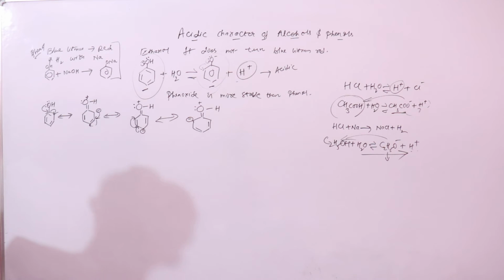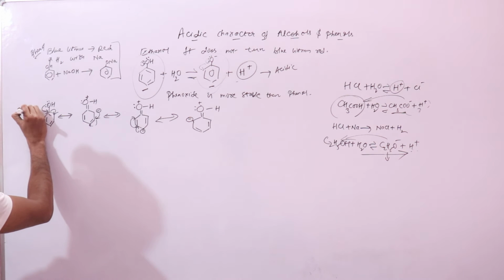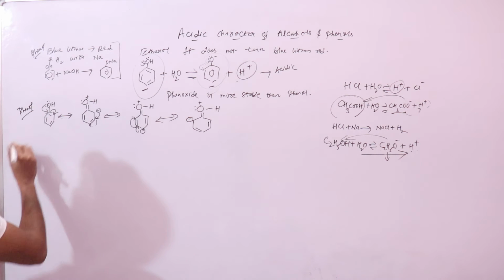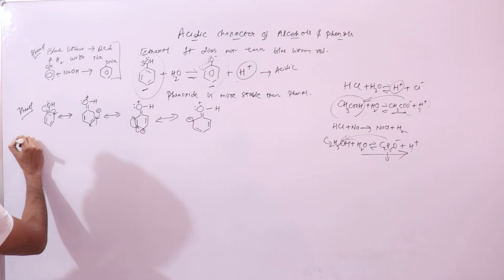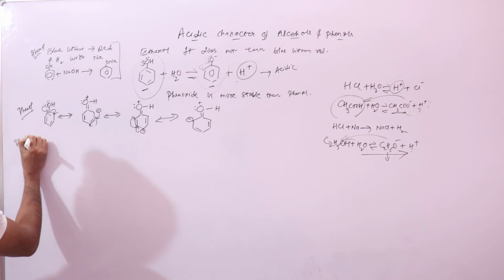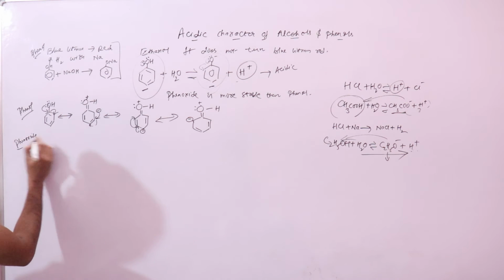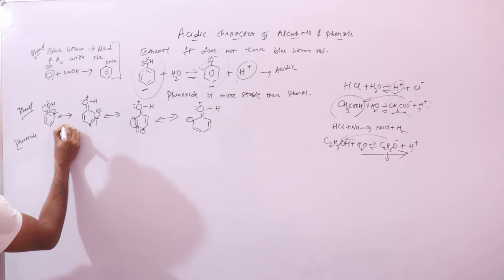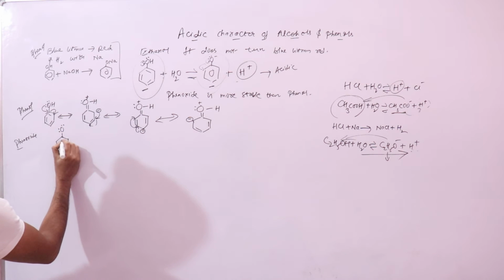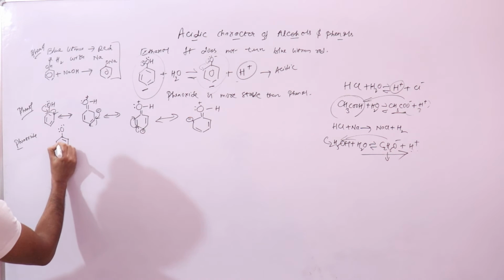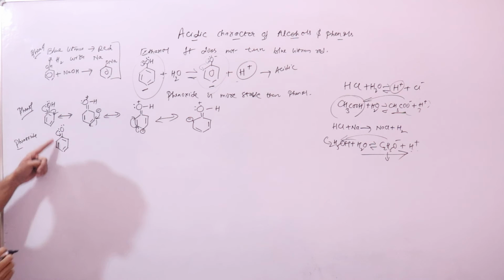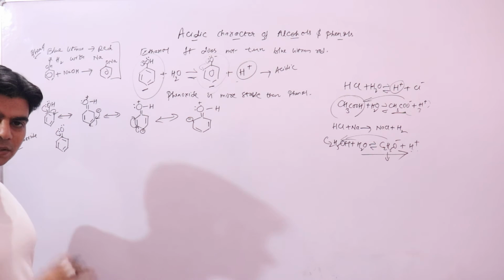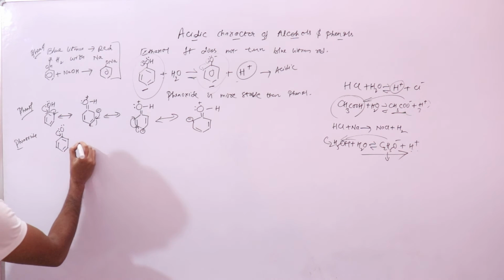Now let's look into the resonance forms of phenoxide. This was for phenol, right? Resonance forms. Now let's look into resonance forms of phenoxide. This is your phenoxide, where this lone pair of electrons will again enter into the benzene ring. It enters into resonance with the benzene ring.